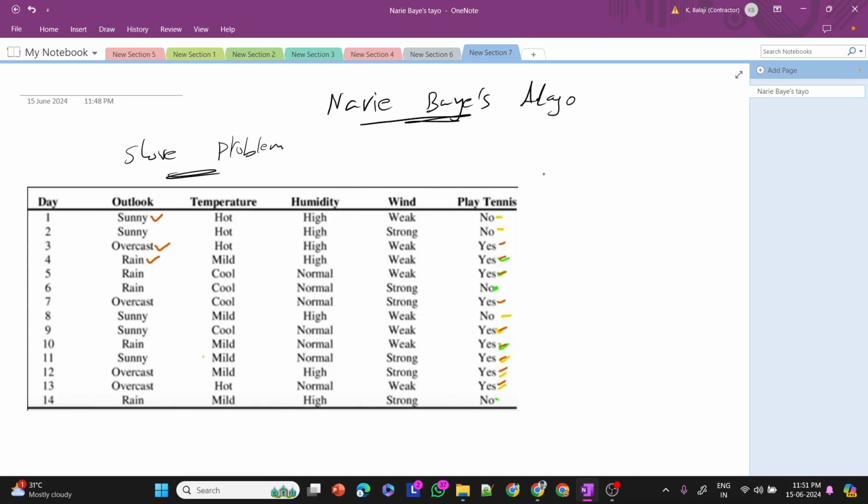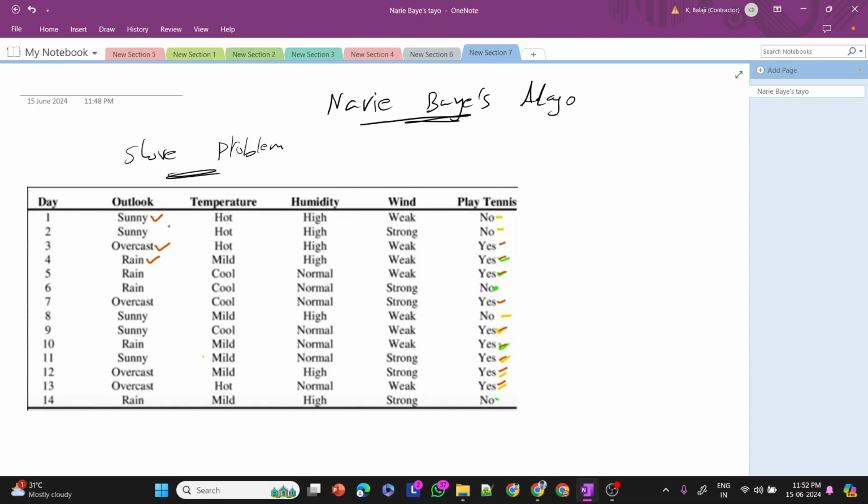Let's take one of the features from this data set. These four columns are independent variables and this play tennis is the dependent variable.